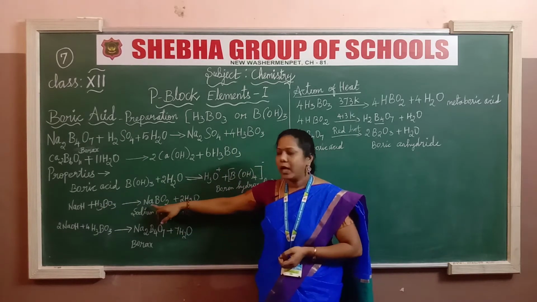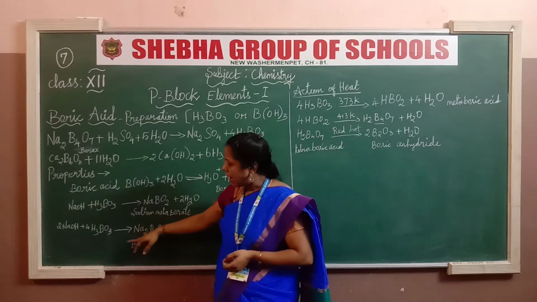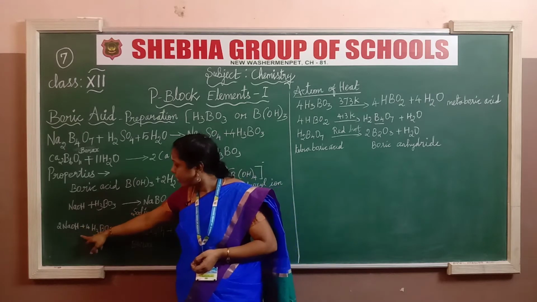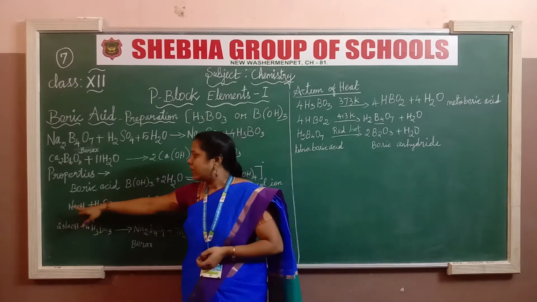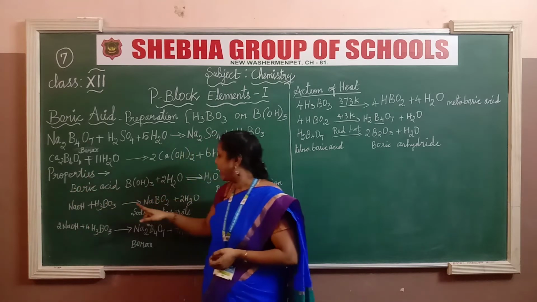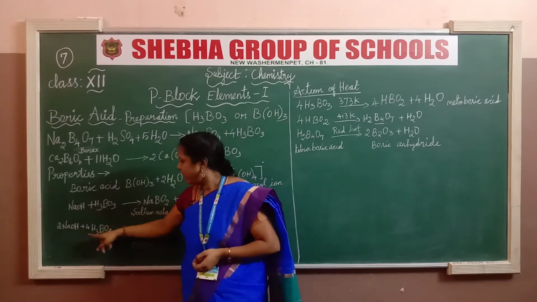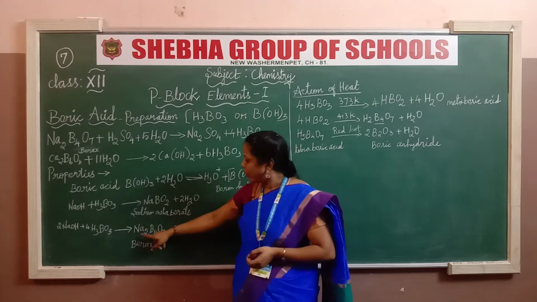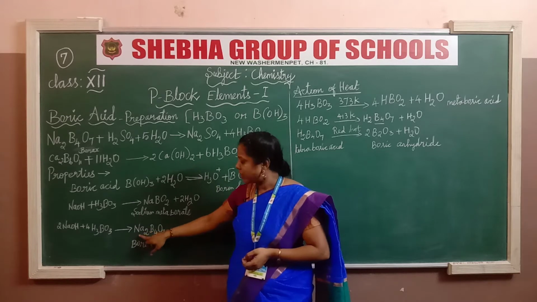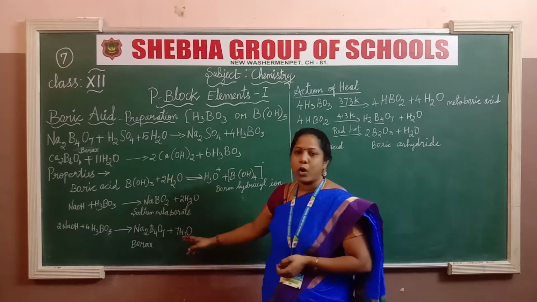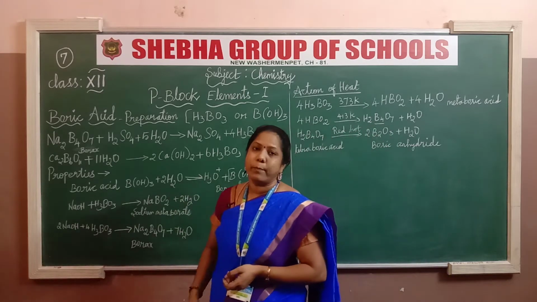Otherwise, using 2 molecules of sodium hydroxide, we get borax. You know very well about borax from the first part: Na2B4O7 along with 7 molecules of water, H2O. So these are the properties of boric acid.